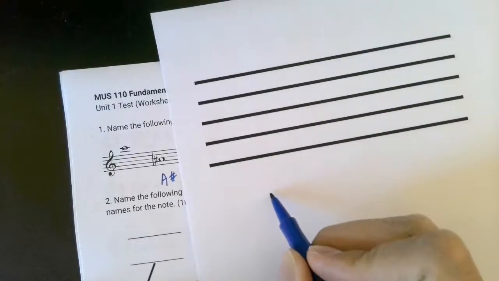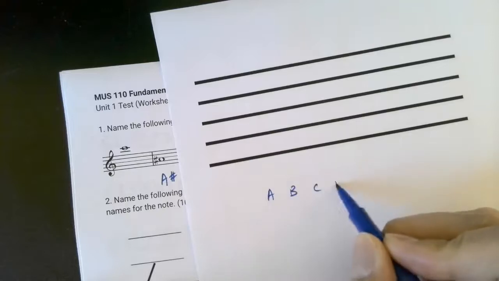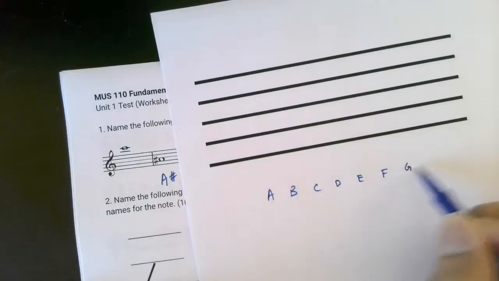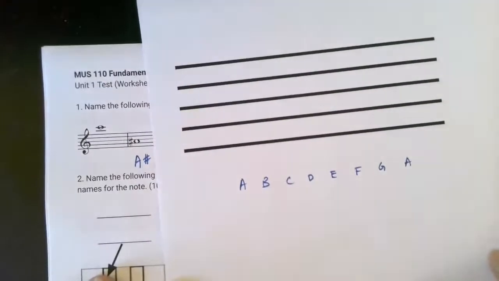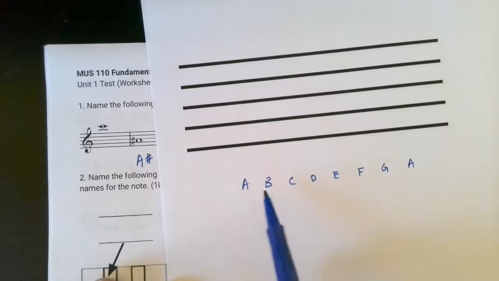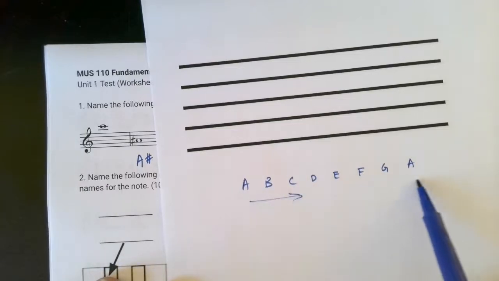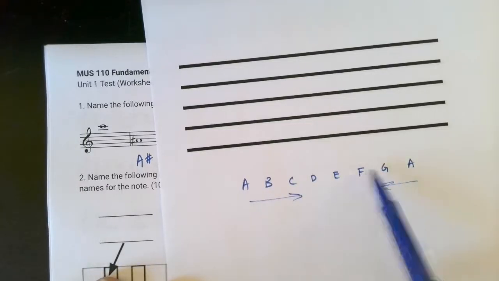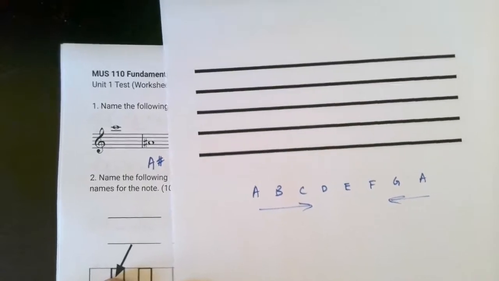I would recommend just writing out A, B, C, D, E, F, G, and you can keep going if you like, on your paper whenever you're working, when you're doing the test. This way you can just go forwards and backwards and count this way, so you don't have to do the gymnastics in your head.